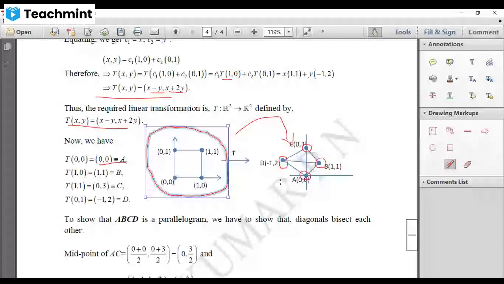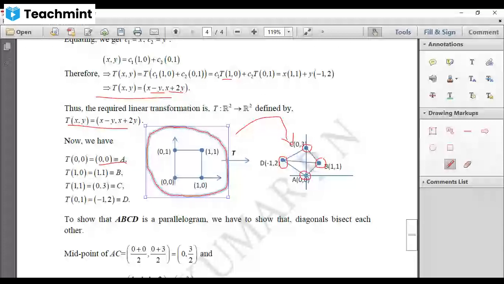Then there is a line from (1, 0) to (1, 1), so a line from (1, 1) to (0, 3). Then a line from (1, 1) to (0, 1), so a line from (0, 3) to its corresponding image. And there is a line from (0, 1) to (0, 0).